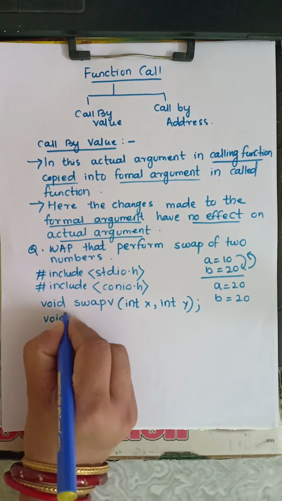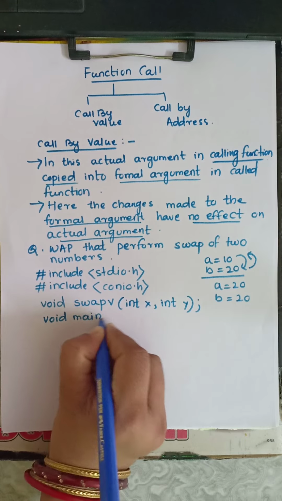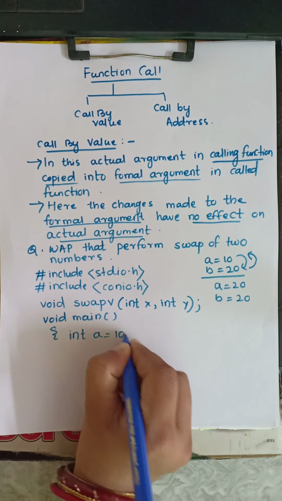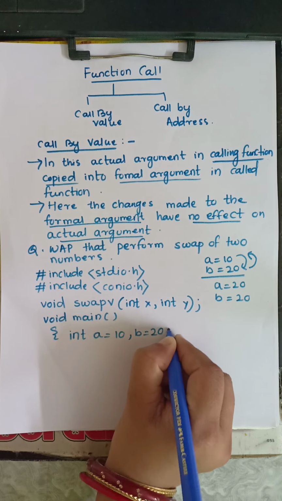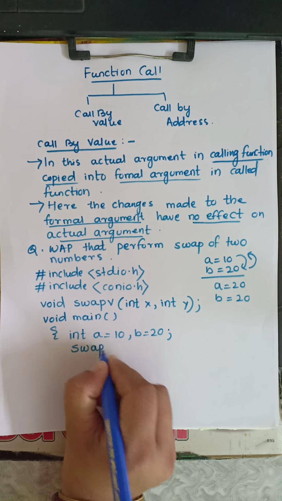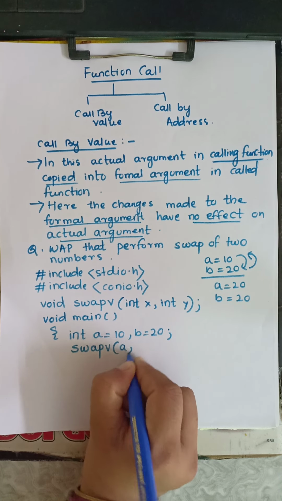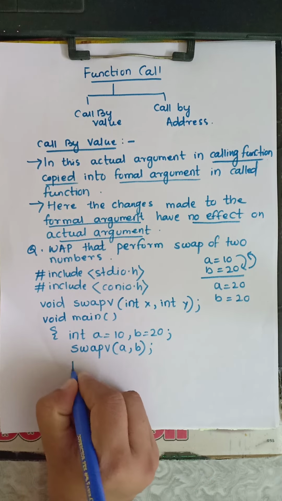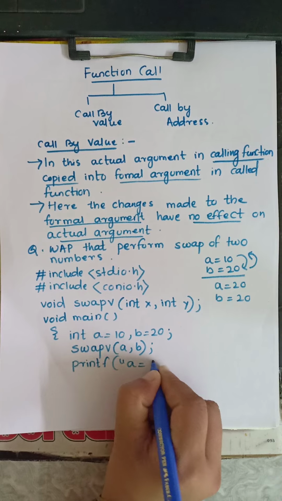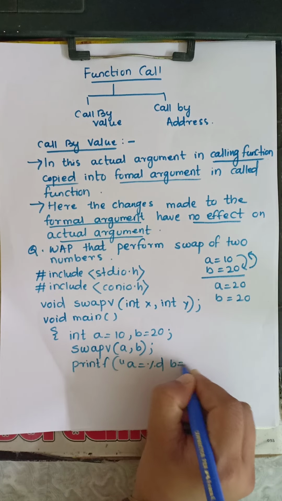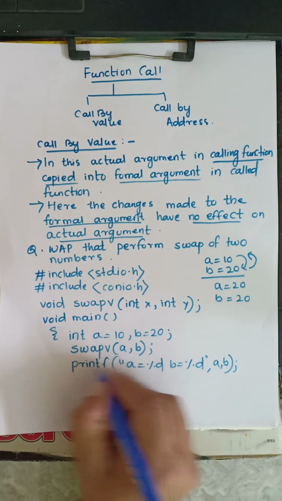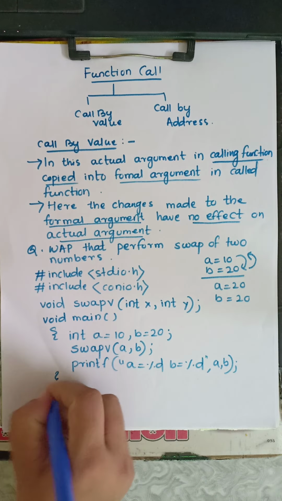Then I start main: int a equals 10, b equals 20. I directly enter the values. Then I call the function swap_v(a, b). Next I print the values: printf a equals %d, b equals %d, a, b. After swapping we display the values here.